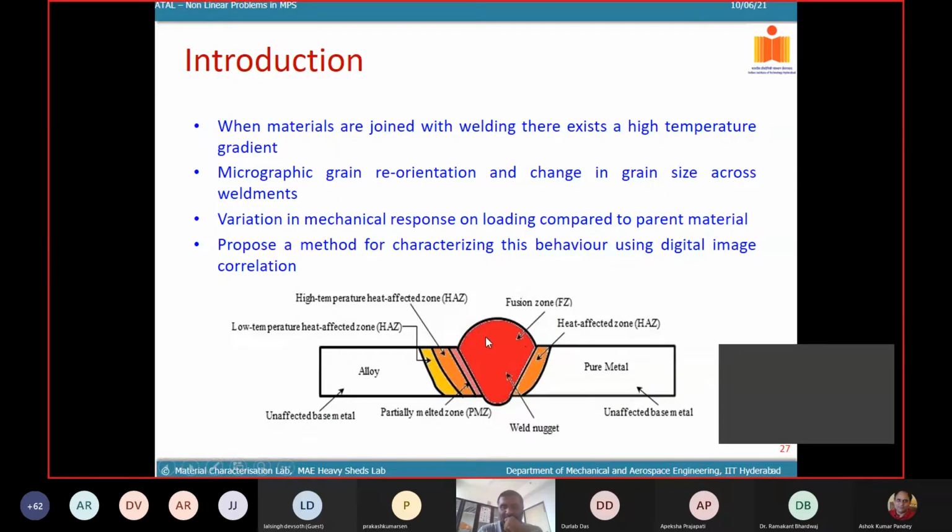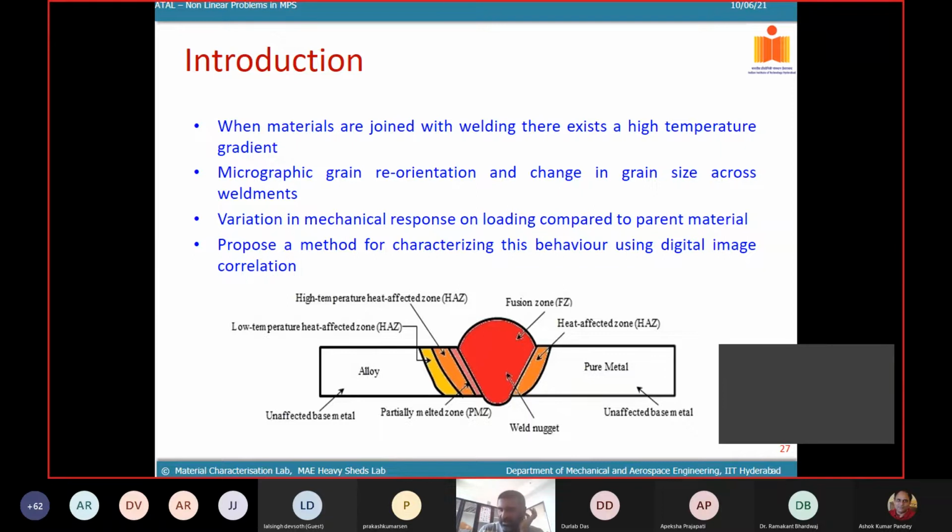These are the different zones present, and each one has its own property, because when you weld, your filler material would be quite different from your parent material, and because you're applying temperature, that influences a different kind of grain growth, and you'll have a gradation in the grain sizes starting from the fusion zone towards the parent metal, and that influences the properties.